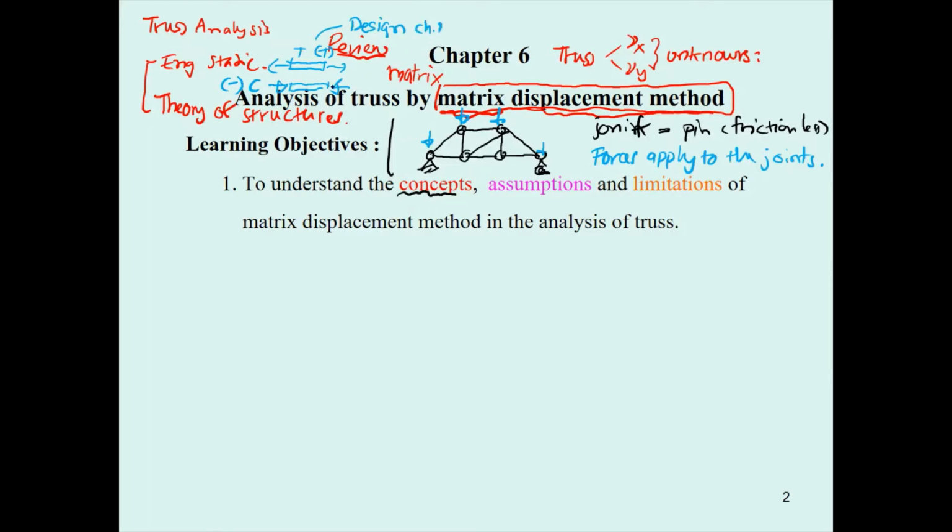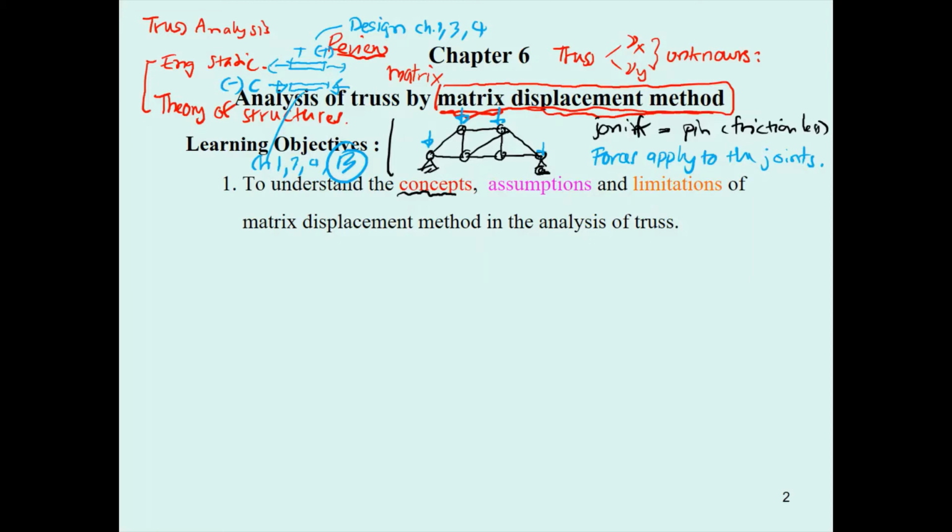However, the compression member you study not only in chapter 1, but also in chapter 3 and chapter 4. It's also studied in chapter 13, because the tension member is different from the compression member. The tension member will be in tension. However, in compression, the member can buckle. So the designs of the members are different.